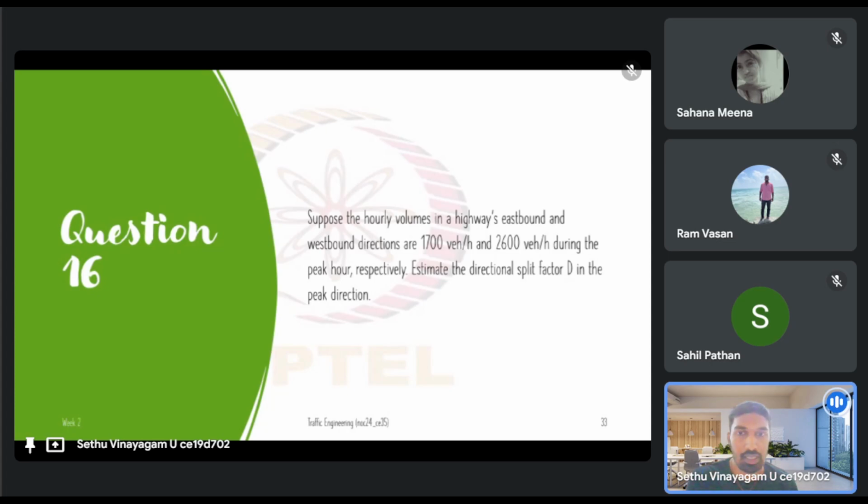Which means that we need to know the design, or the directional design hourly volume, right? So DDHV. And this is directional, which means for either direction we need to find out what is the hourly design volume, which is basically the maximum that we are going to handle.